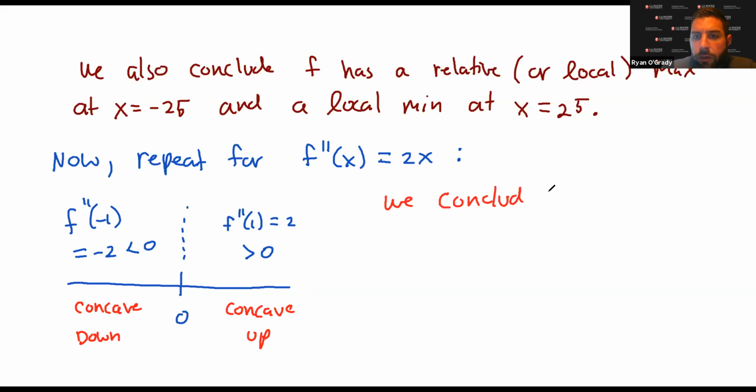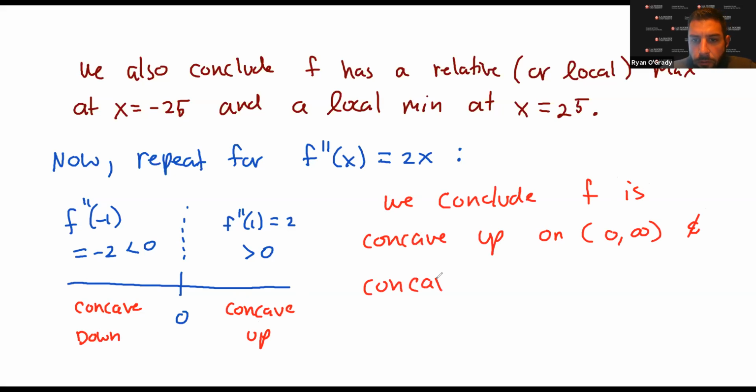So we conclude f is concave up on 0 to positive infinity, and concave down on negative infinity to 0.